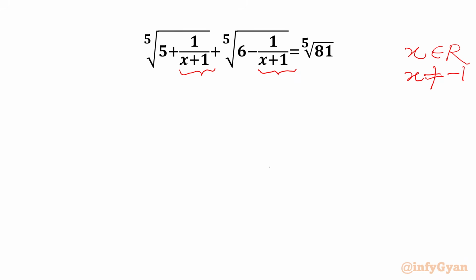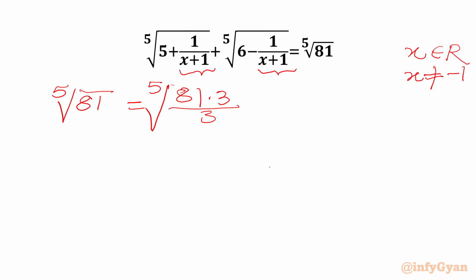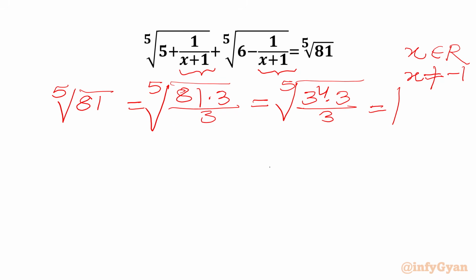Now fifth root of 81, we can write separately. Fifth root of 81 will be equal to fifth root of 81 times 3 over 3. 81 is 3 power 4, so we can write 3 power 4 times 3 over 3. 3 power 4 times 3 is 3 power 5.